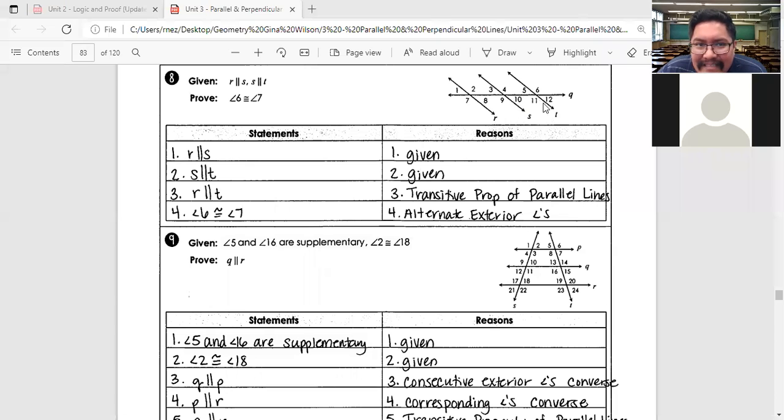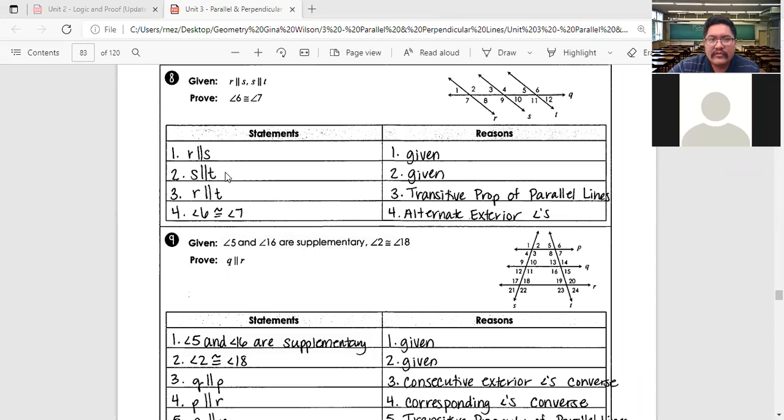We know that ST is also parallel. We want to prove that 6 and 7 are congruent. And again, that's pretty easy because if you have 3 parallel lines, they are definitely going to be all matching angles. So let's see. We have our two givens: R and S are parallel, S and T are parallel.